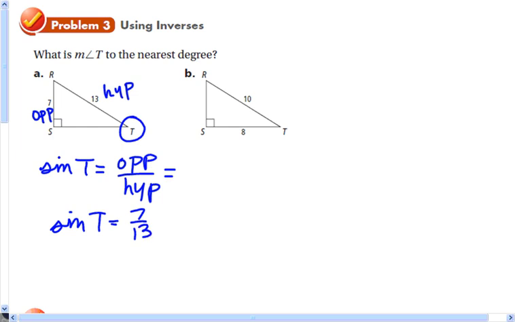And now we actually want the angle. What we're going to use for that is the sine inverse function. And so if the sine of T equals 7 over 13, then T, the angle itself, is equal to the sine inverse of that ratio. And we can get that on our calculator this way.